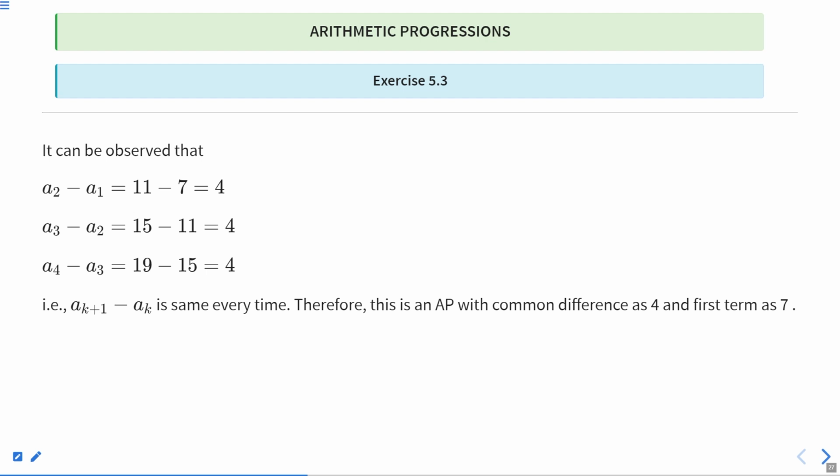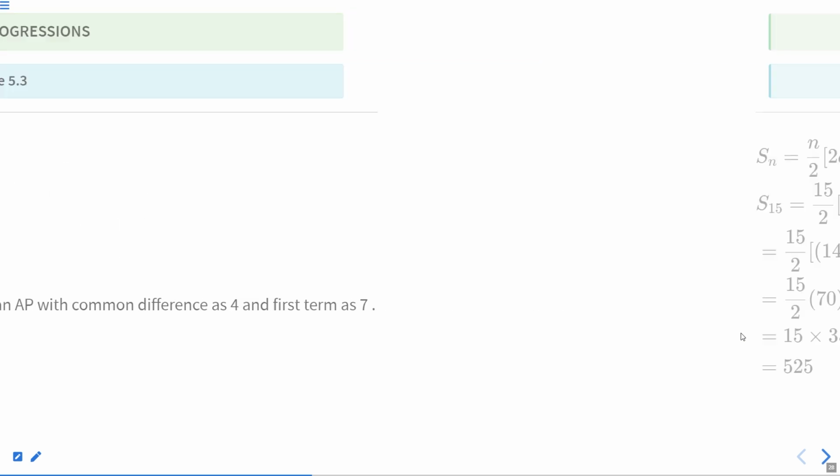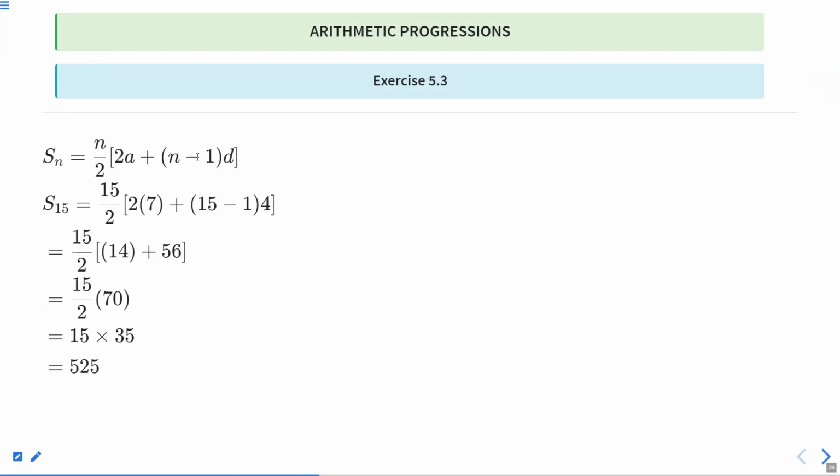That is, ak plus 1 minus ak is the same every time. So the given list of numbers is an AP with common difference 4 and first term 7.